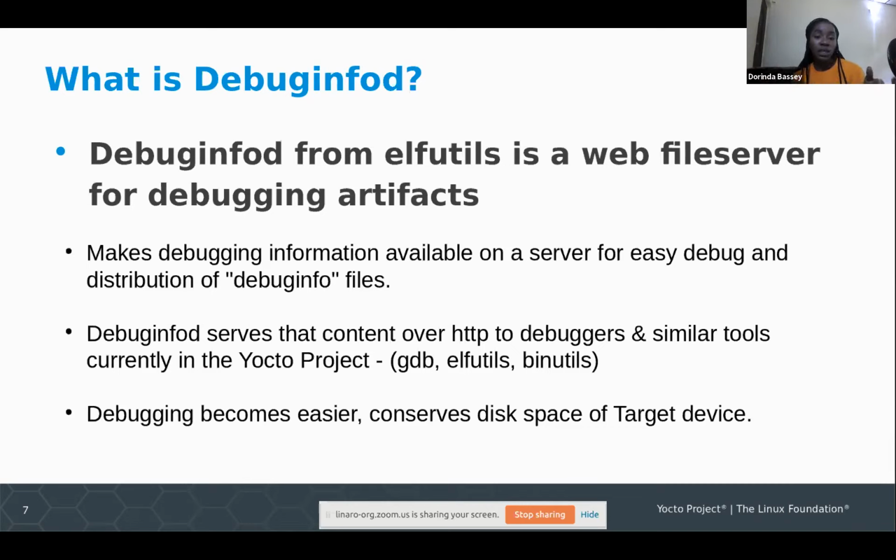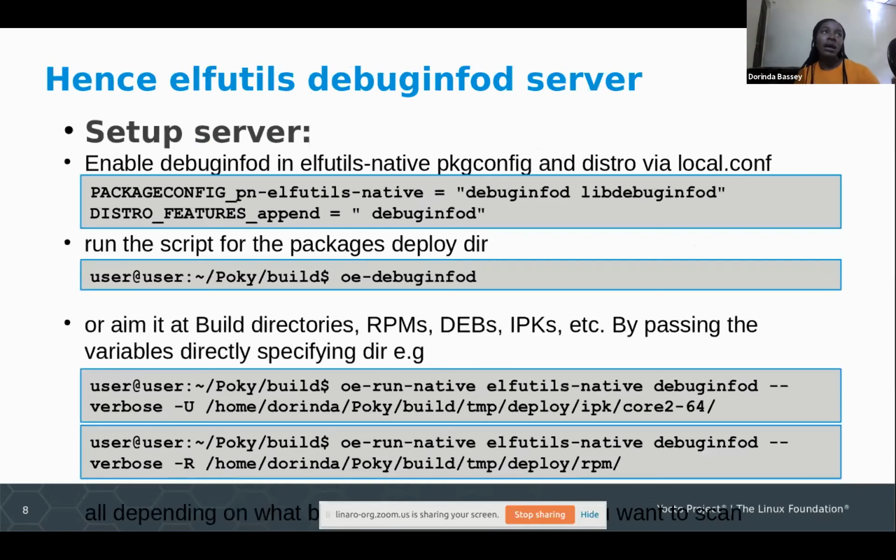And currently in the Yocto Project, it's in GDB, elfutils, and binutils. With the help of debuginfod, debugging becomes easier, and you as a developer are able to conserve disk space of your target device. So that's debuginfod, and I will show you how to set up your debuginfod server.